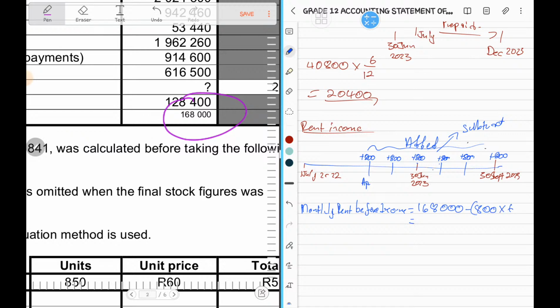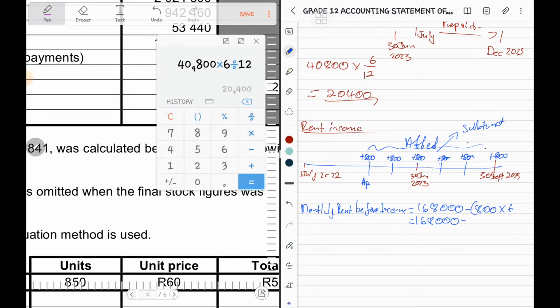So it's how much? It will be 168,000 minus 800 multiplied by 6. It's 4,800. So we're going to say 168,000 minus 4,800, then it's 163,200.